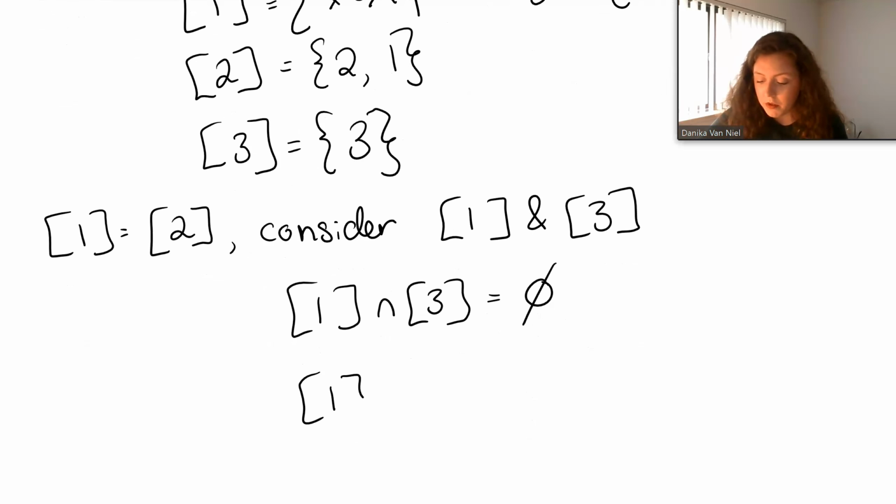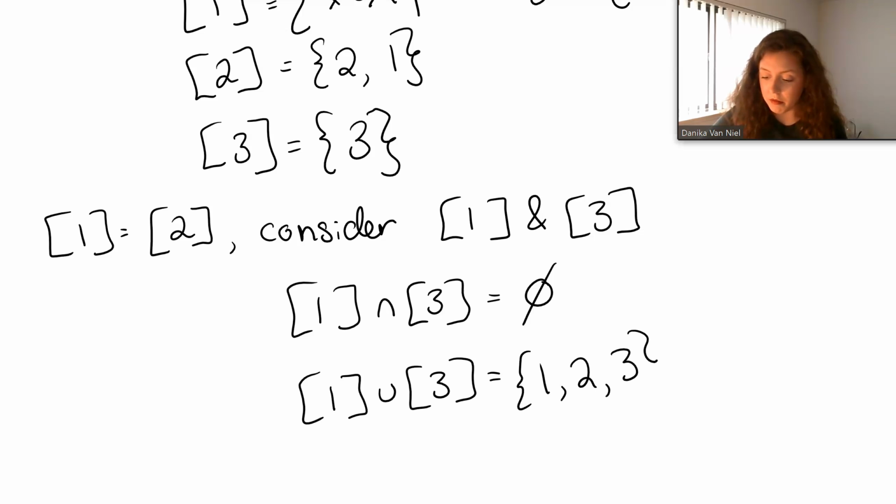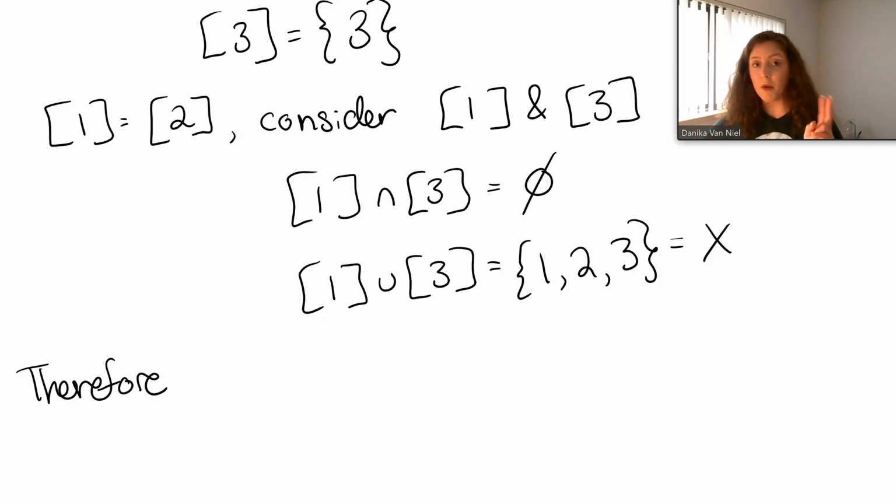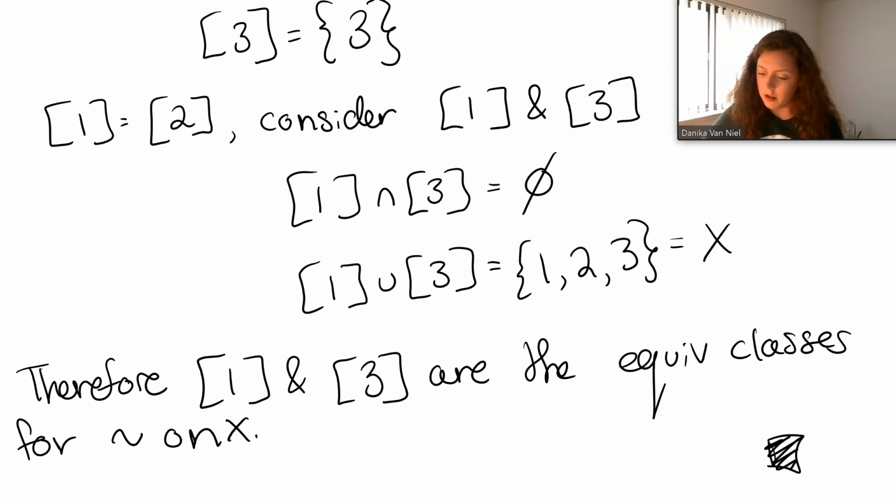How about their union? That's going to be 1, 2, 3, which is X. Therefore, our equivalence classes are these. If you pick 2 instead of 1, that's fine, but we can't have both 1 and 2, because their intersection is not going to be the empty set. Now we're all done.